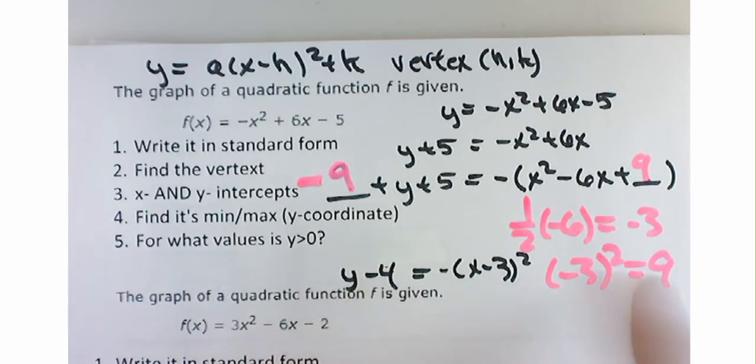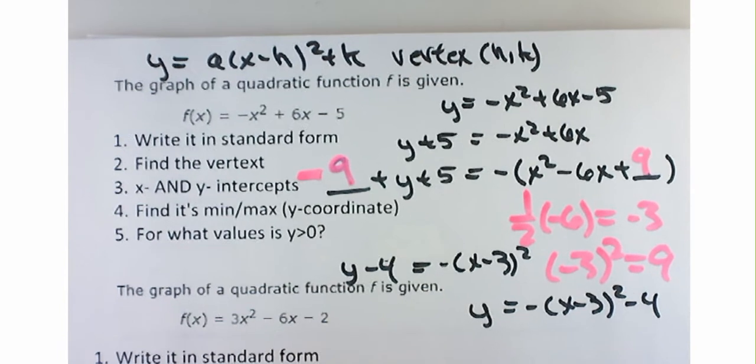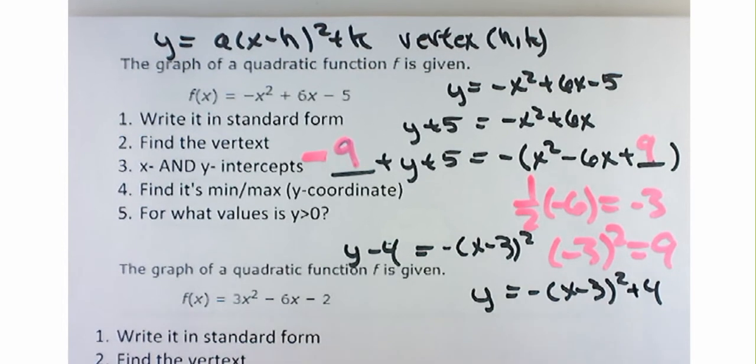If I move the 4 to the right-hand side, I get y equals negative x minus 3 squared minus 4. I thought it was plus 4. Plus 4, thank you. That's a lot of work. We're going to have to do a faster job of that in the next one.